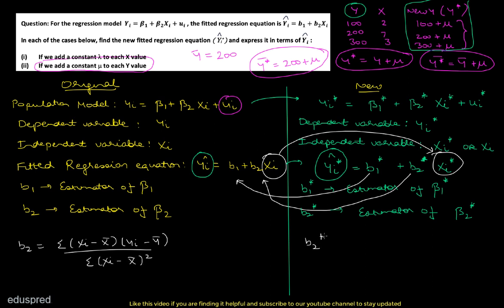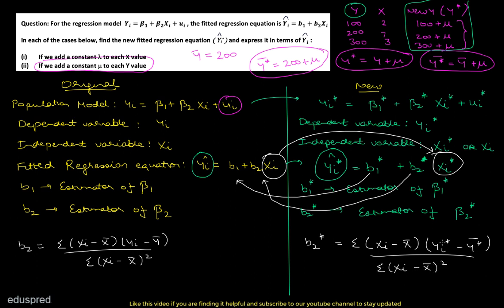Over here, b2 star is going to be equal to summation of, see, it doesn't matter whether I write xi star or xi. So let me just write xi minus x bar over here because either way we are going to substitute as we did in the first case. Then the dependent variable is yi star. So it's yi star minus y star bar divided by summation of xi minus x bar whole square.